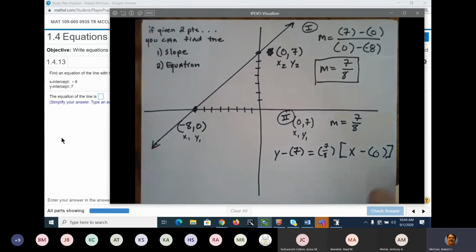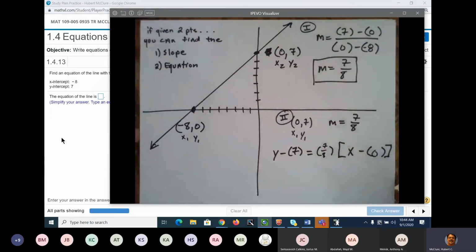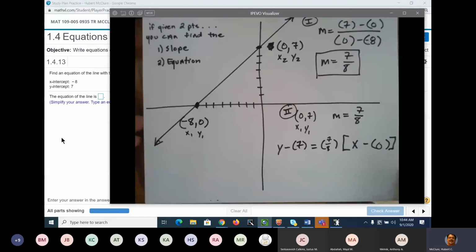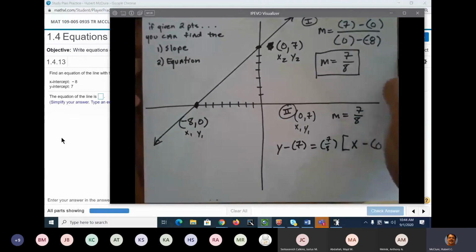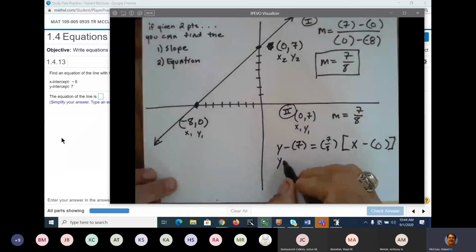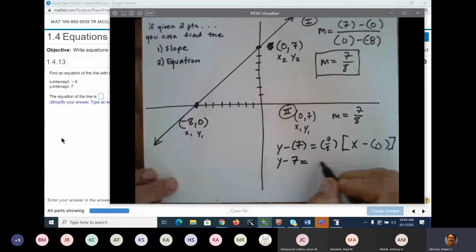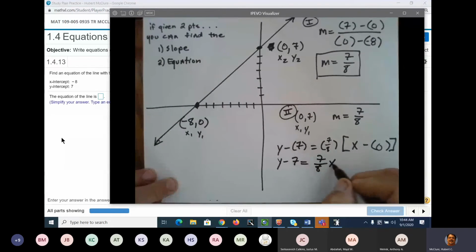Can't believe they gave y'all a 0. That's too easy. Make sure not to put this one on the test. Y minus 7 is equal to 7/8 X, because 7/8 times 0 is 0, and then bring the 7 over. Y is equal to 7/8 x plus 7.